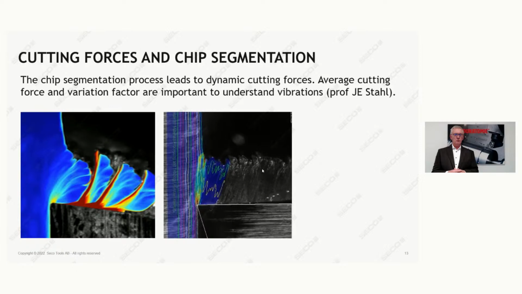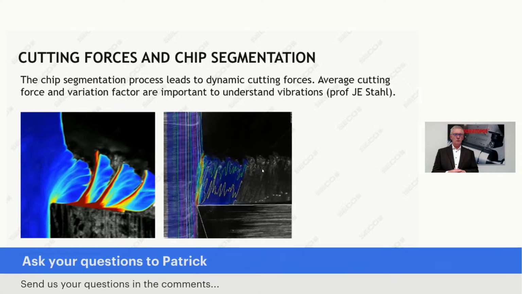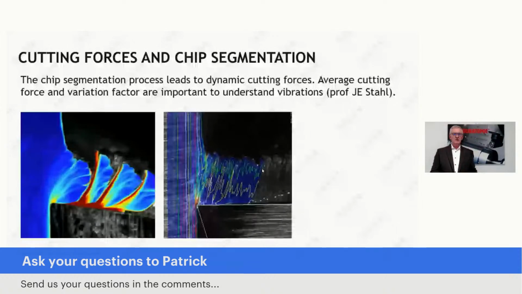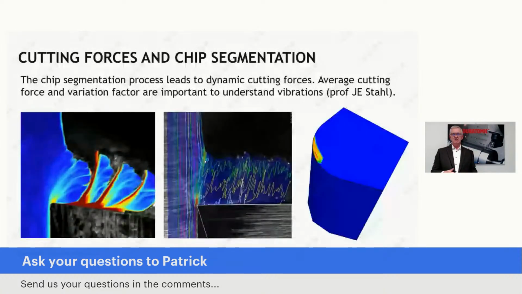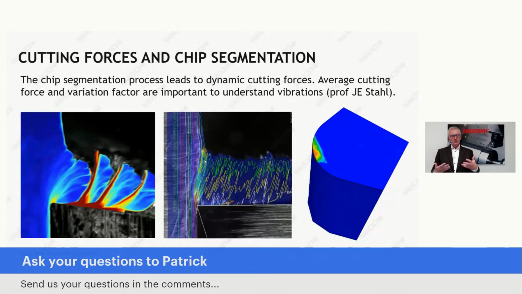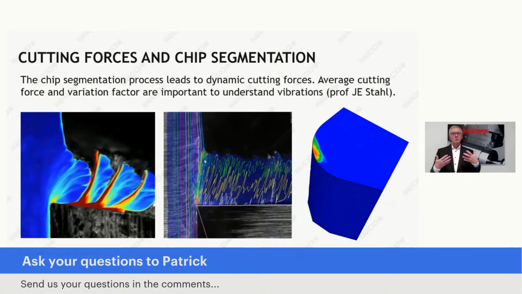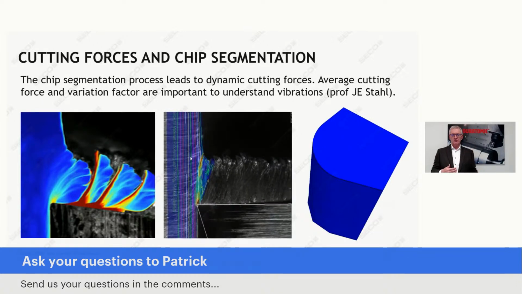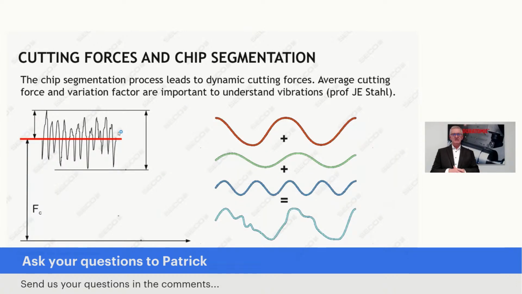It's doing like this, and there again you have your vibrations, and there again cutting forces are not constant, but start to vary. They go up and down. And that, as a matter of fact, is what is creating micro vibrations.